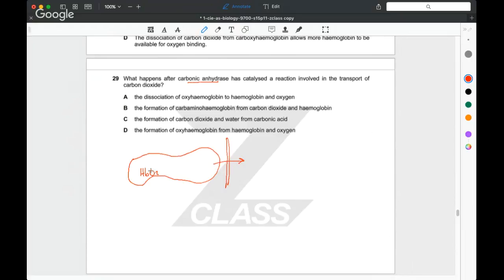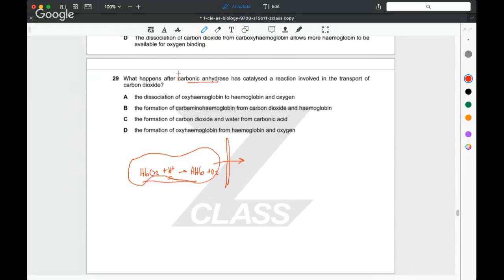Now that release of oxygen from hemoglobin is facilitated by hydrogen ions, and that process produces the hemoglobin without the oxygen molecule, and the oxygen molecule is released, ready to be transferred through the capillary into the cell for respiration. So to make the hemoglobin release its oxygen, you need more hydrogen ions.